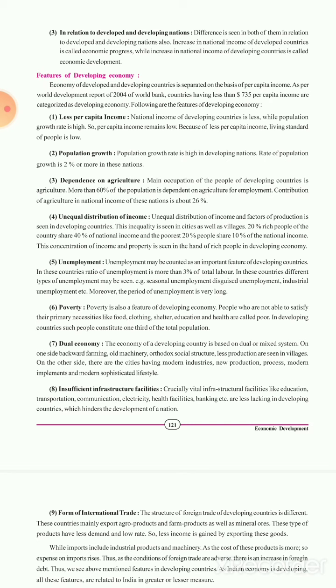We will study again these different types of unemployment in the coming chapters. But when a person is without a job, specifically due to no rain or no rain facility, then he is termed as in the category of seasonal unemployment.